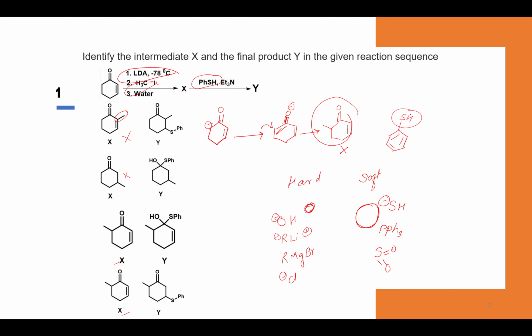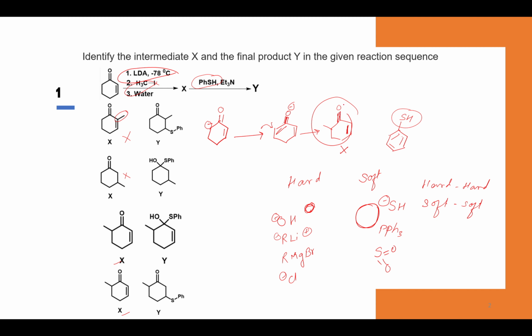All of you know that soft interaction is favorable with soft, and hard with hard. Here we have a carbonyl carbon and a double bond in conjugation with this carbonyl carbon.